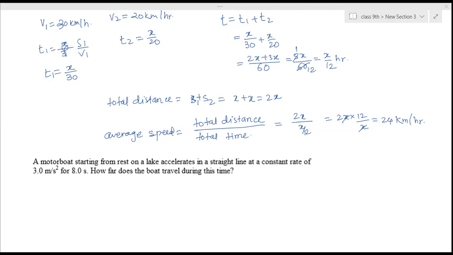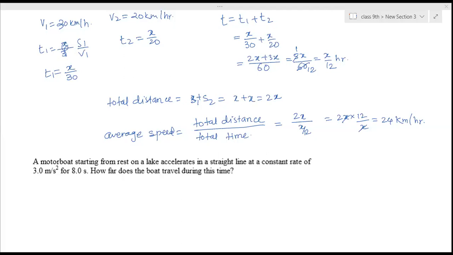Ma'am, it's 96 kilometer per hour. You are finding distance, I think so. Ma'am, even I got 96 meters.